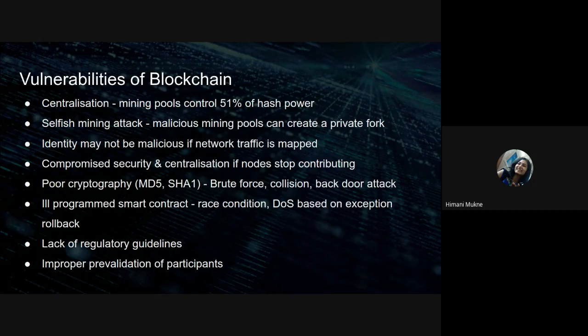Denial of service attack again. Let's take an example. For example, we're looking at refunding some contribution amount, maybe to a group of people. And if suppose the logic is not defined properly, such that if one malicious user fails the refund logic on purpose, the rest of the people in the chain will also not be able to get the refund.